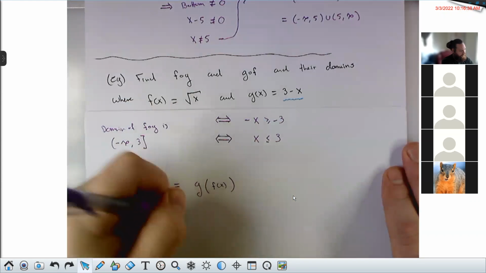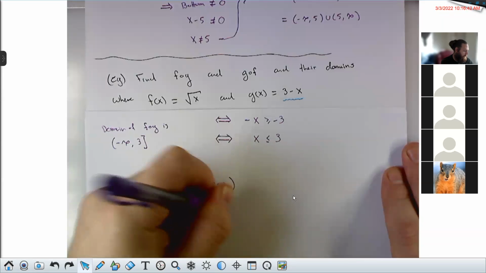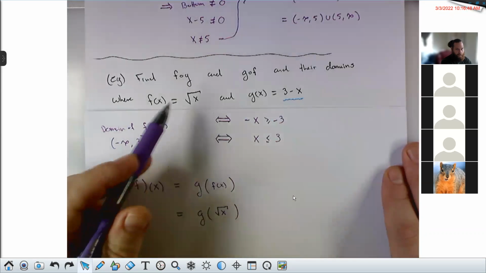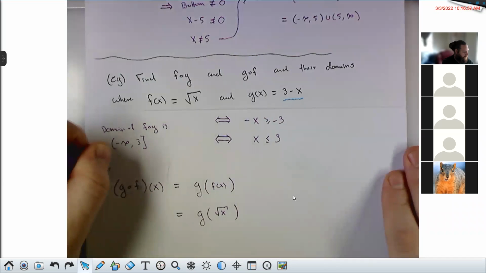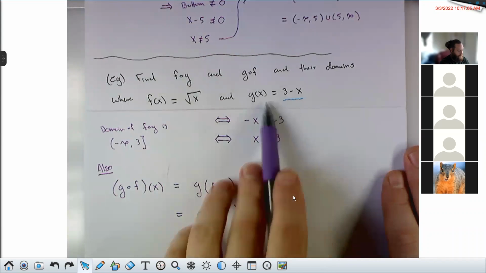So this is going to be G of the square root of x, because that's what this inside function is. And then to finish this up, I need to figure out what G of the square root of x is.